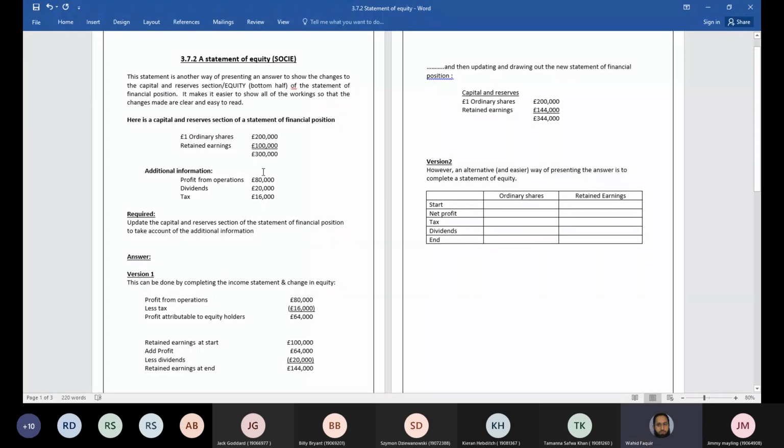This is your opening figures. This is what happened during the year, and now you're meant to present the final position after these changes. Let's have a look. Now, some of you will be quite confident with this. You could do this without me saying much. The answer actually is there.